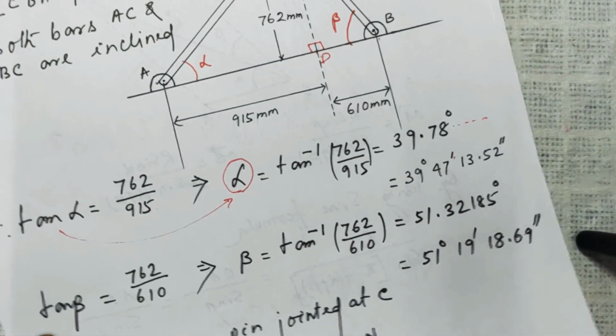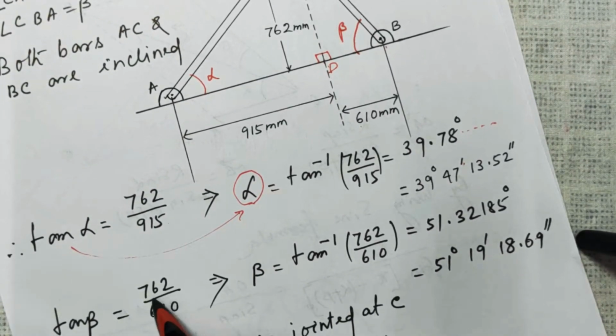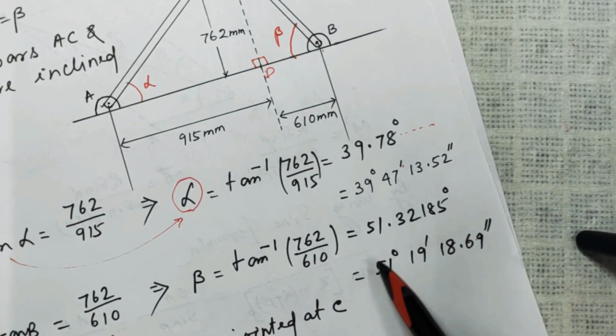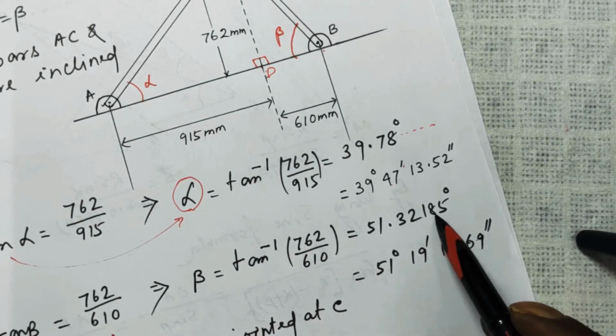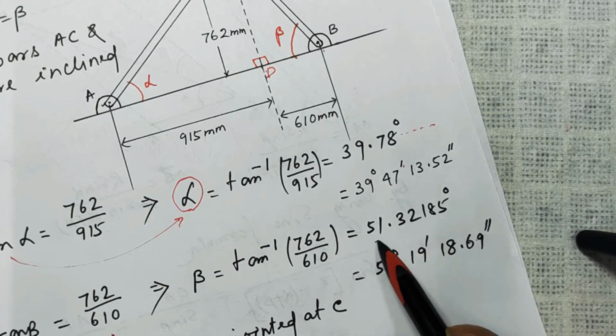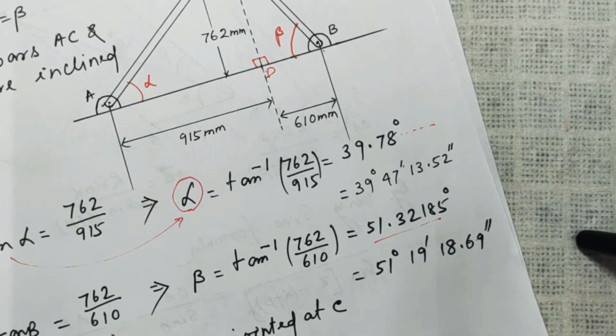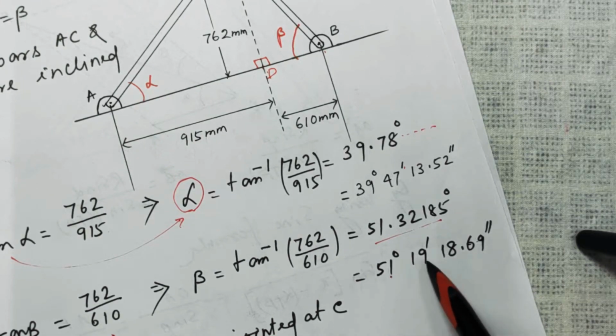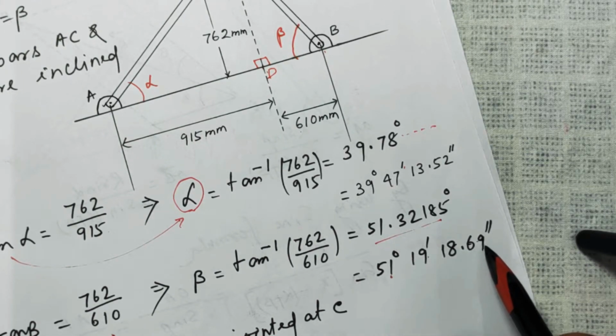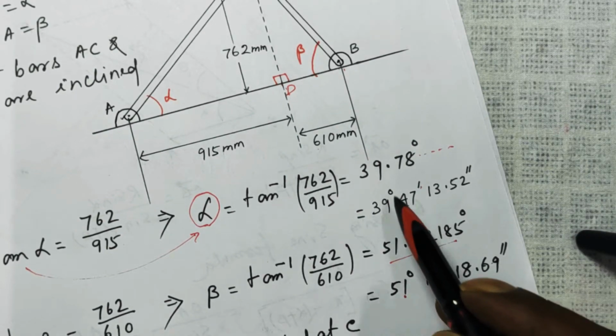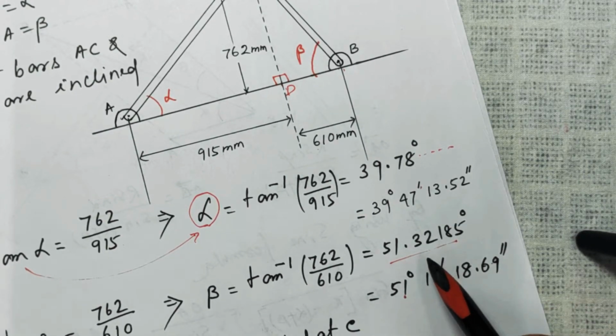So beta is equal to tan inverse of this. That comes out to be 51.32185 degree. When this is converted to degree, minute and seconds of arc, it comes out to be 51 degree 19 minute 18.69 seconds. So we'll consider this, right?